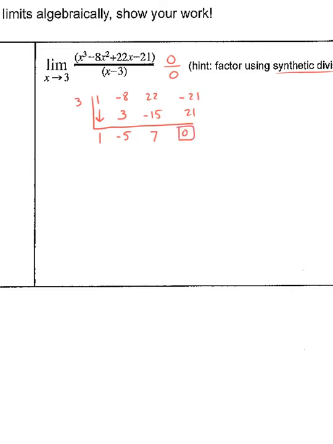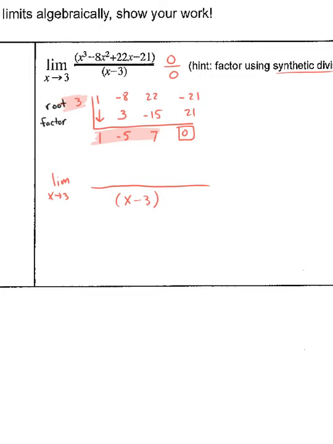All right, so now make sure you rewrite your synthetic division correctly. So we have the limit as x approaches 3. My denominator stays the same, but I'm factoring my numerator into this right here times this. Now remember, this up here, you guys, is the root, but I need to write its factor.